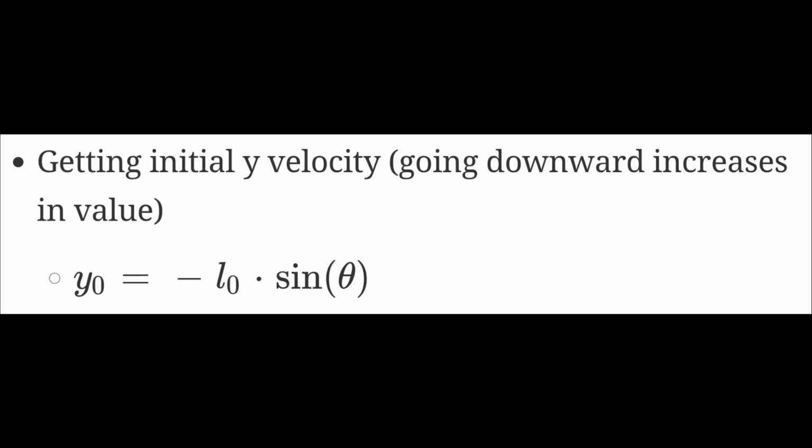And we also have to keep in mind that when you're drawing to a screen, 0 is at the top, and then it goes from 0 to the height of the screen. So it draws downwards. So the highest value is at the bottom and not the top.